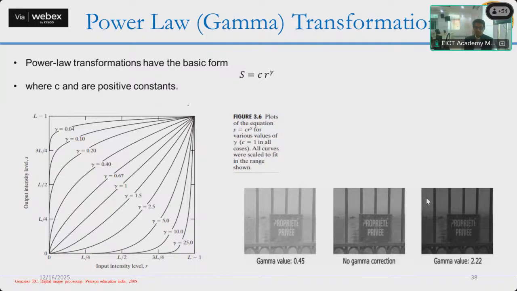Now we can see another diagram of the power law transformation. See, what are the different transformations? The different transformations are the different values of s. What is happening in s? In s, we are doing a single thing, that we are enhancing the image. First we need to know its function, s = c r^gamma, where c is the constant.